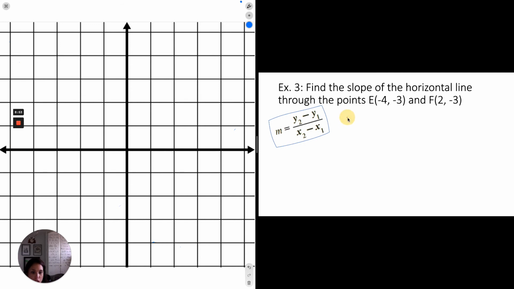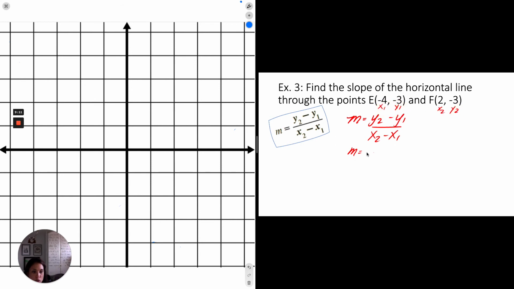We're still going to use our slope formula, m equals y2 minus y1 divided by x2 minus x1. I'm going to put in my points. First I need to label x1, y1, x2, y2.